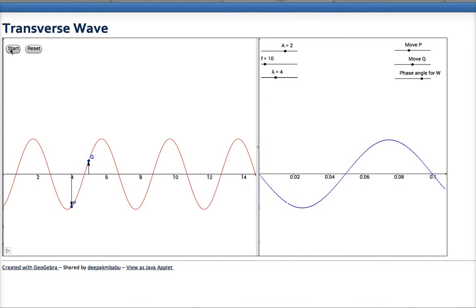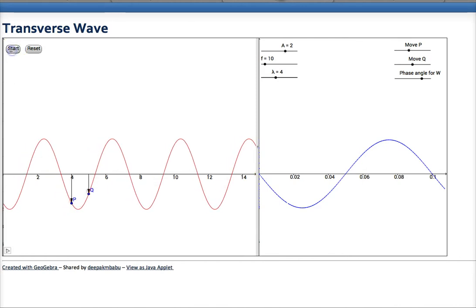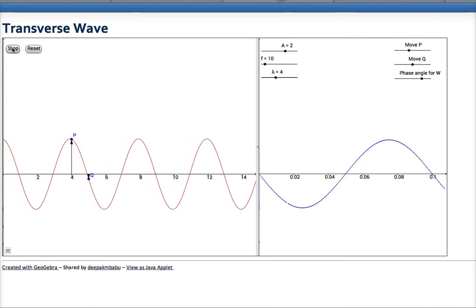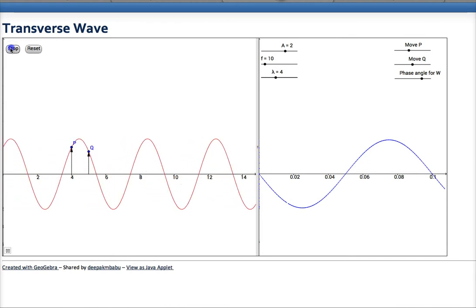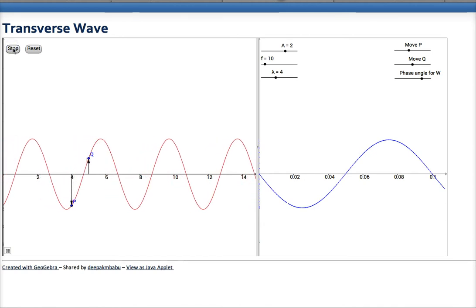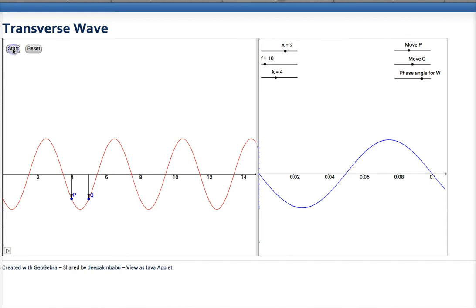Now, it is possible, for example, let me try and show you this. Okay, this is a little difficult to control precisely, but let me try. Okay, can you see that the displacements of particles P and Q are the same at this point in time?